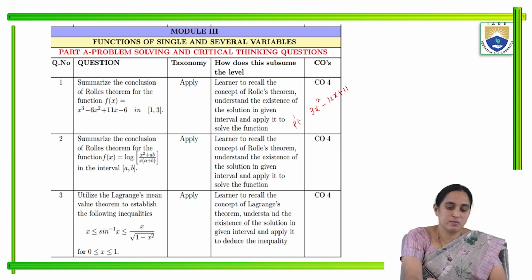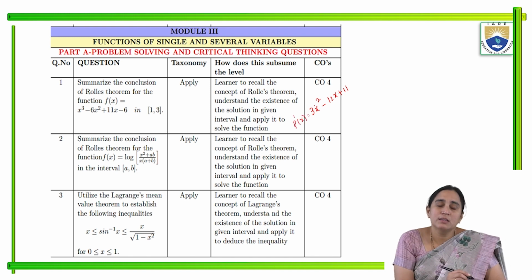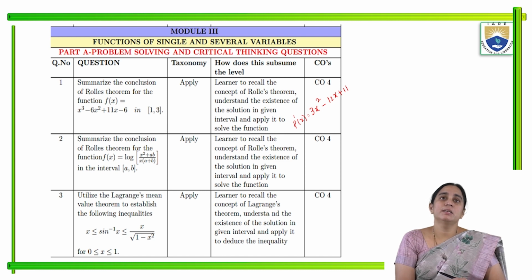This is f dash of x. Then the function is differentiable. If it is differentiable, then definitely it is continuous, right? From this property, if the function is differentiable then it is continuous. So two conditions of Rolle's theorem are directly satisfied.